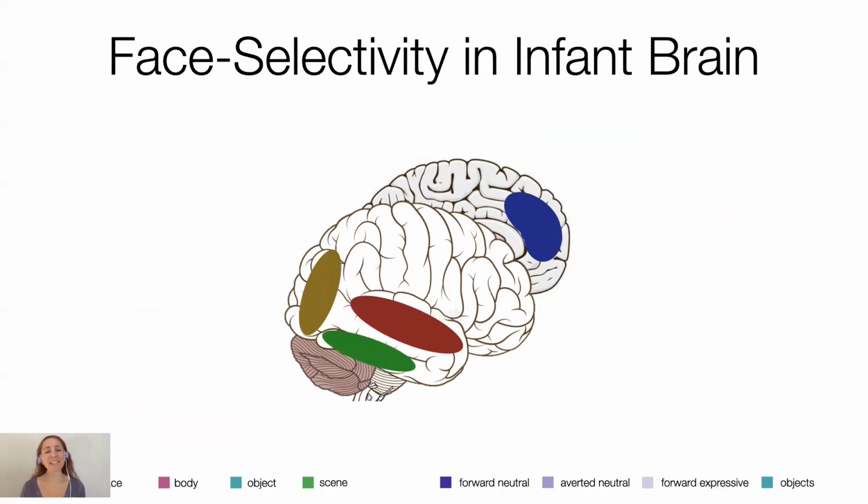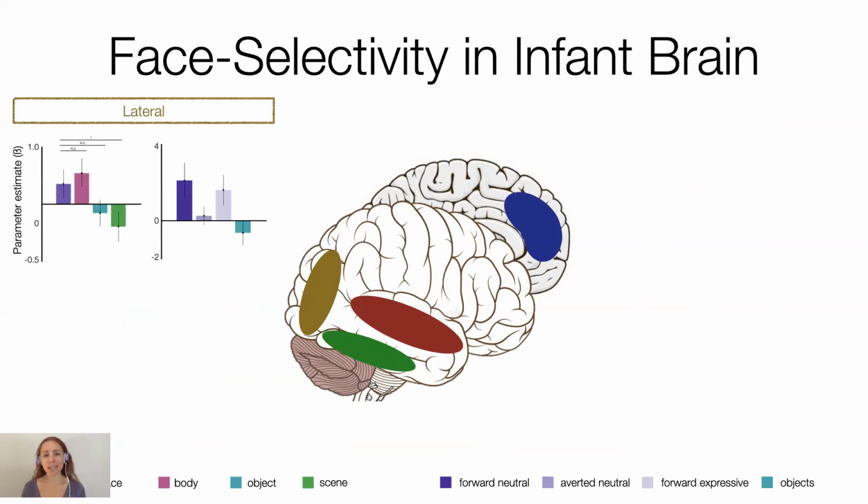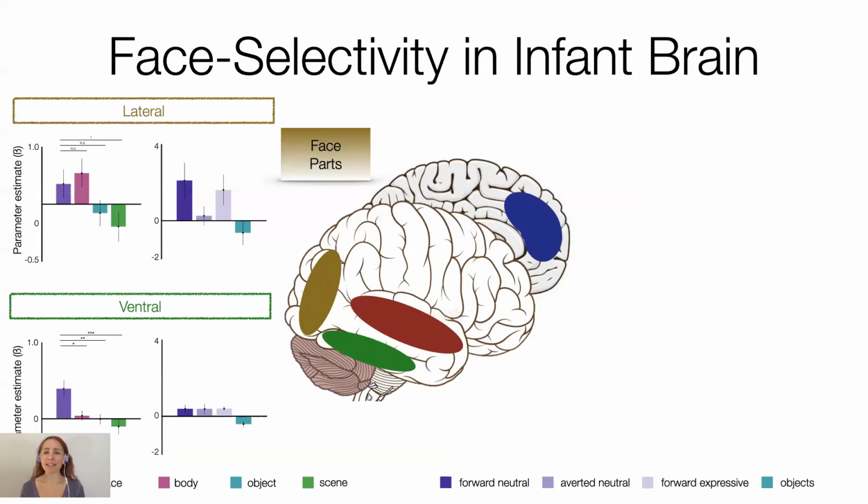All right, so today I told you the face response we observed in infant lateral occipital cortex was not face selective and responded most to forward faces, a response that is consistent with the role of lateral occipital cortex in adults. We did observe a face selective response in infant ventral temporal cortex, and the face response generalized to all views, a response profile that is consistent with the FFA, a face selective region in the adult ventral temporal cortex.